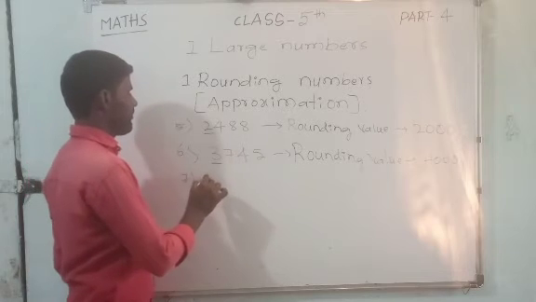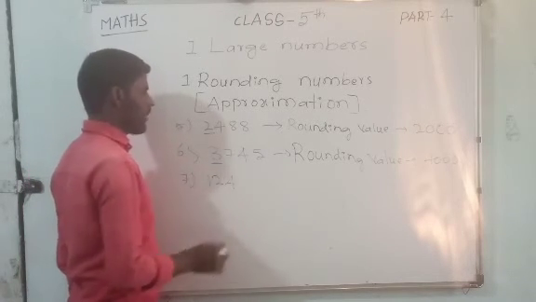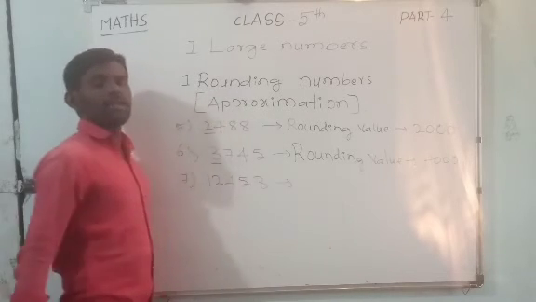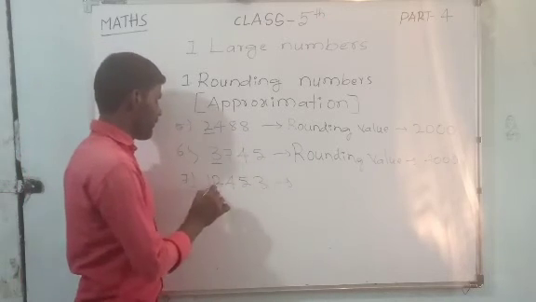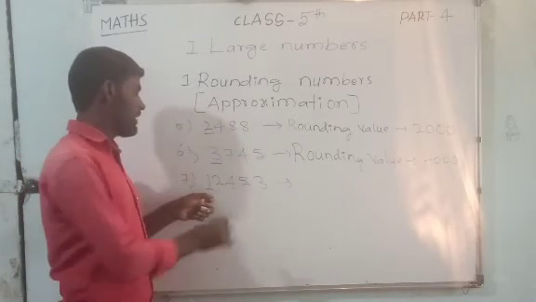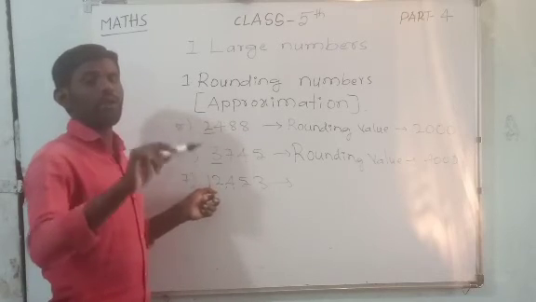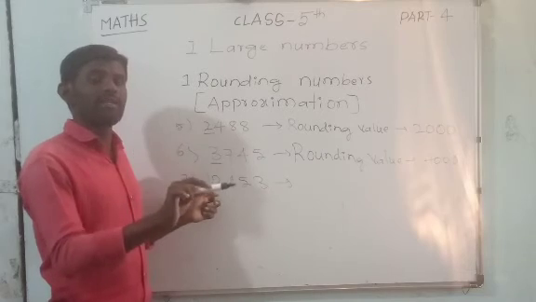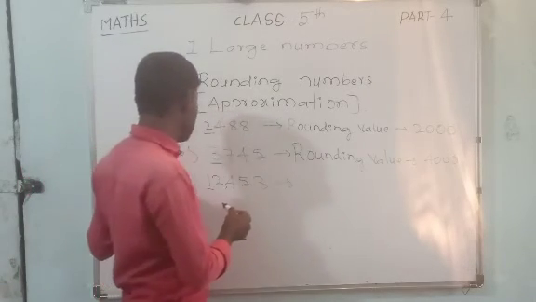Example 7 here. Suppose 12,453. Rounding the number to the nearest 10,000. Here 1 is present in the 10,000 place. That's why they are generally asking to round the number to the nearest 10,000.